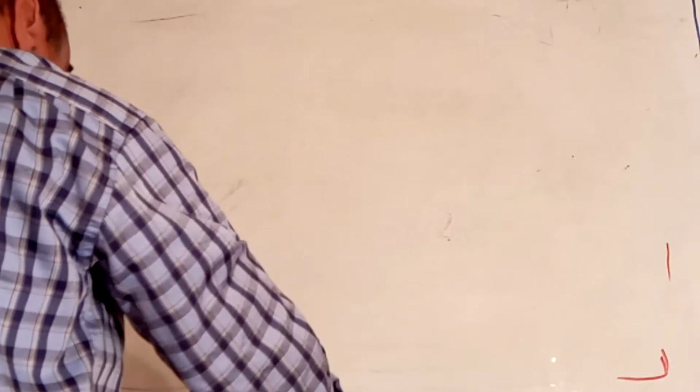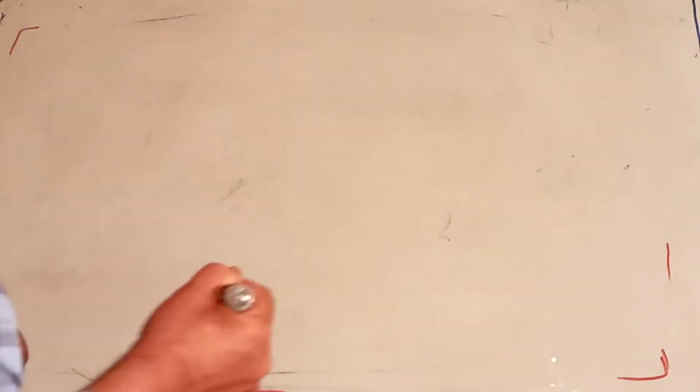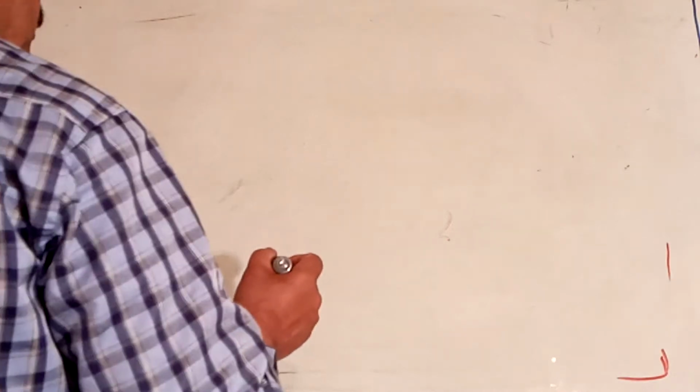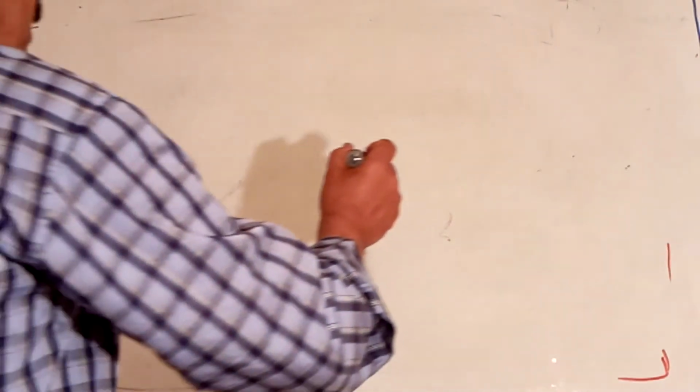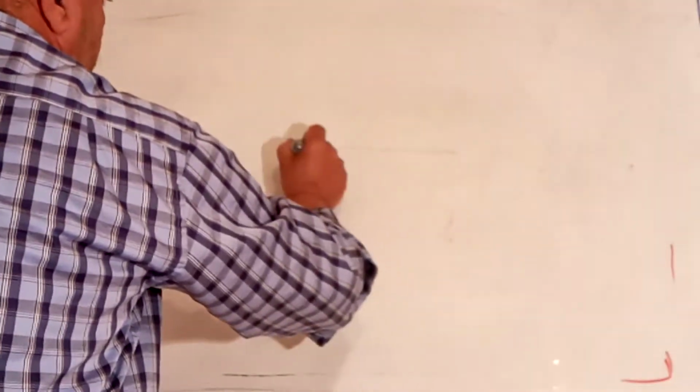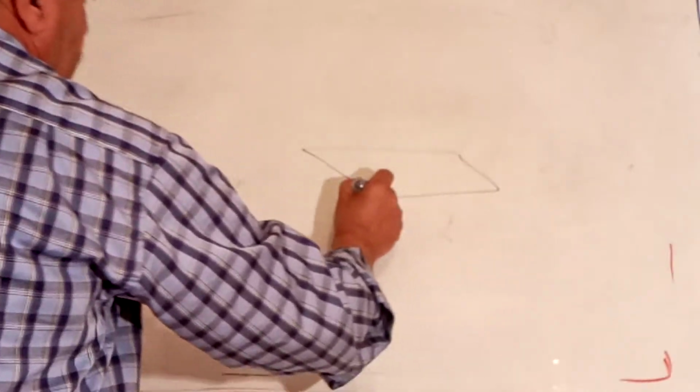What's the definition of a pyramid? It has either a square or rectangular base, like that.